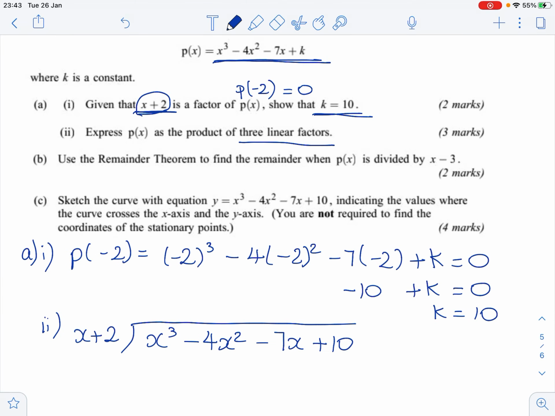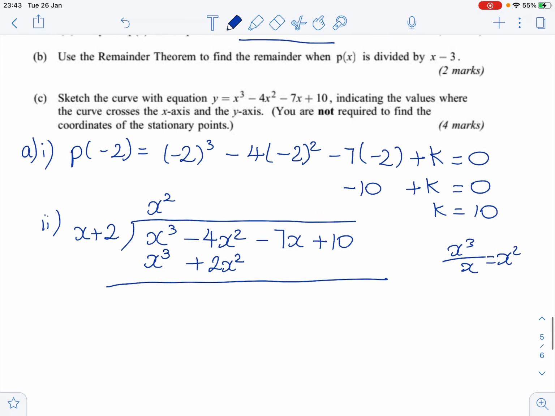So let's look at here. We have x cubed divided by x, which is x squared. So our first term is going to be x squared. So x multiplied by x squared is x cubed, plus 2 multiplied by x squared is plus 2x squared.